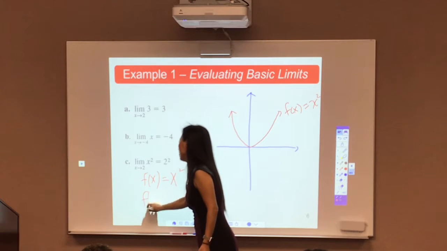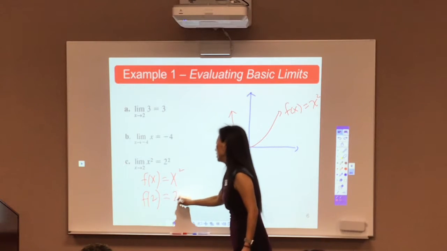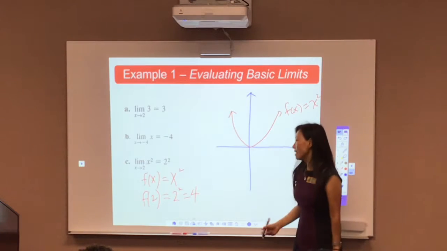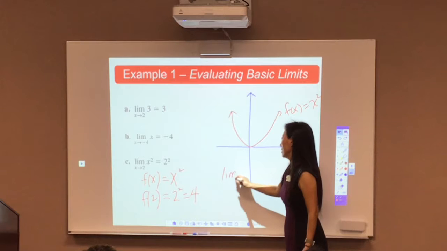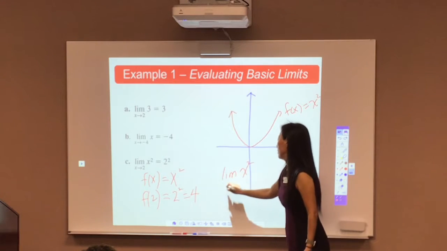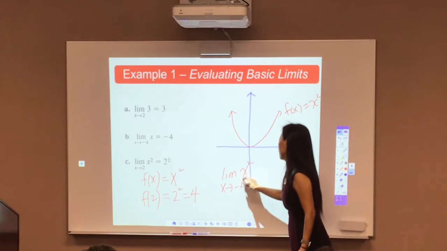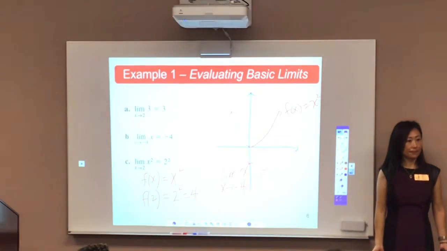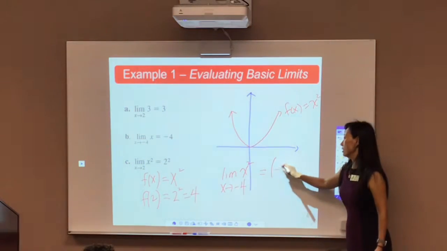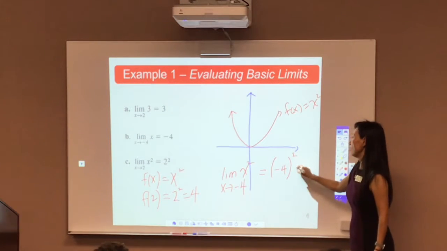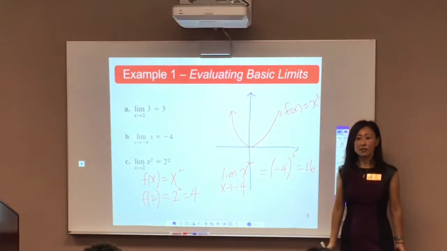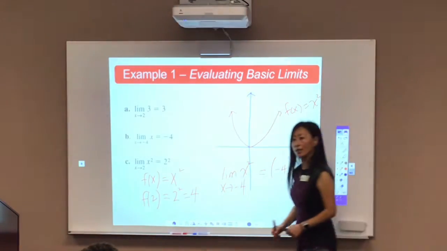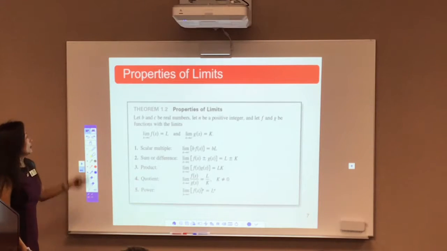So I'm looking for f of which number? 2, which is 2 squared. X equals 4. Can you find me another limit? X approaches negative 4. What is my limit? This is the same as negative 4 squared, which is 16. Does it make sense to you, class? Yes. Is everybody following me? Okay, great.